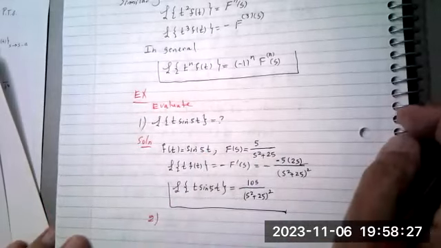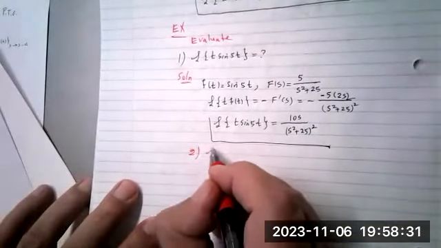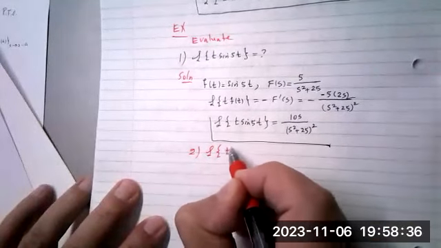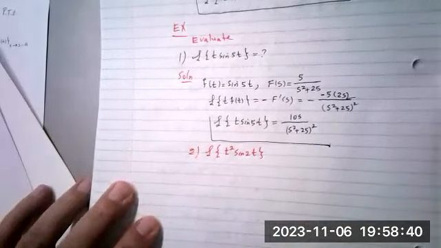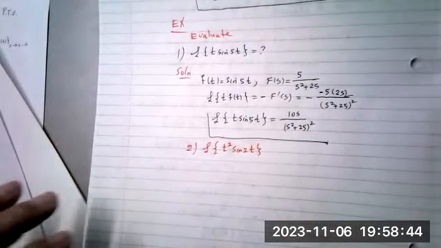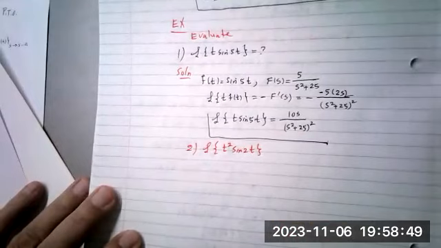The one that we dropped the other night is this one, so you'll see them in your next test. We want to find the Laplace transform of t squared sine of 2t. Again, you see the t squared, you realize that you have to do the derivative, but you have to use the second derivative now.